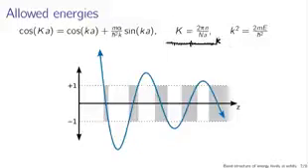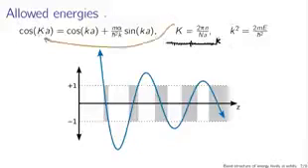Keep in mind, however, that my capital K's are being substituted into a cosine. So no matter what I use for capital K, multiplied by a, I'm going to have something between minus 1 and 1 for the outcome here. The right-hand side of this equation depends on lowercase k, which depends on the energy. So you can think of lowercase k here as being essentially the energy of the state.